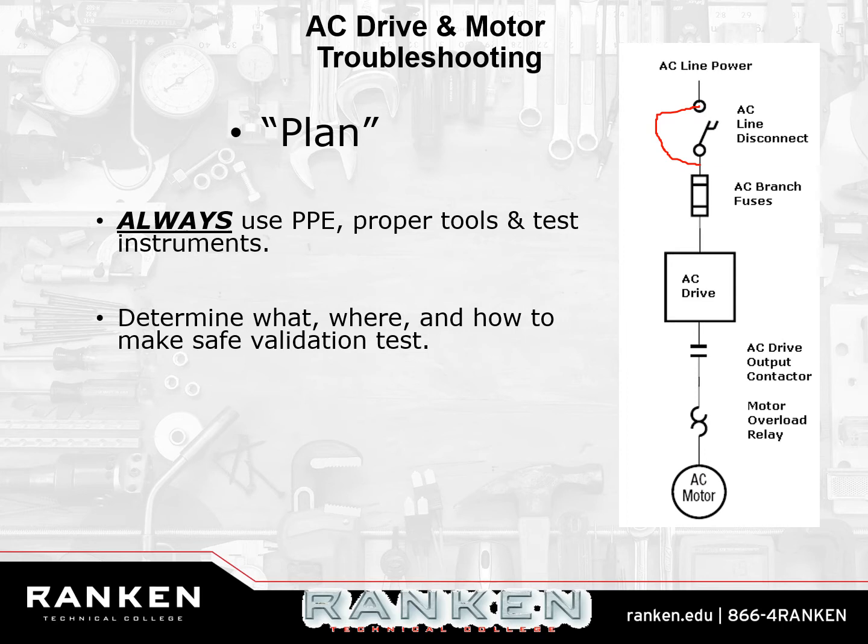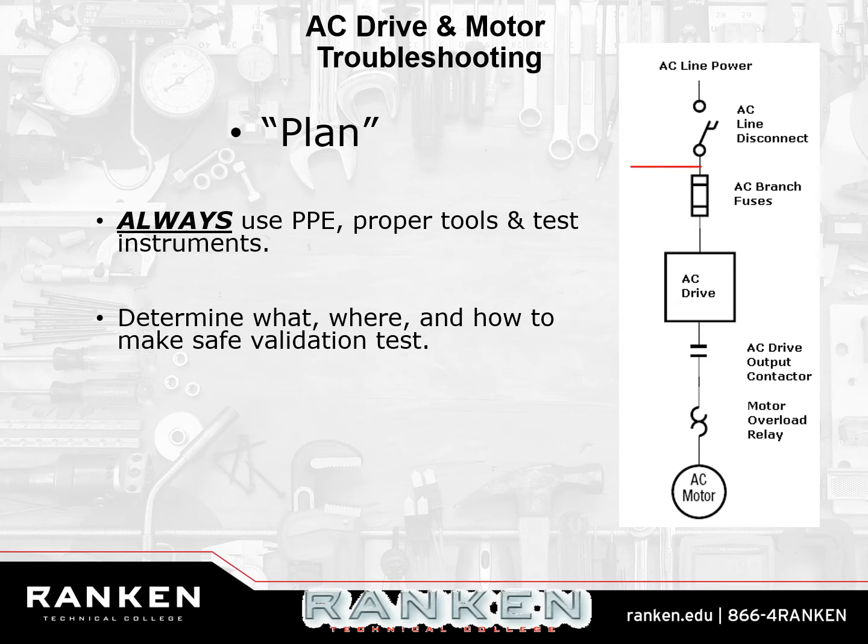If I measure across this disconnect with the arm open, I should see all the volts, or quite a bit of voltage, right? So again, if you work in one of those shops that allows you to check with voltage on to do hot work, then you should be able to test all of these points.